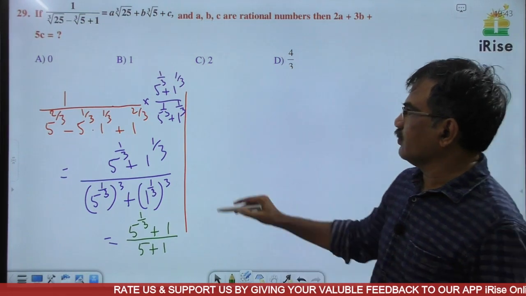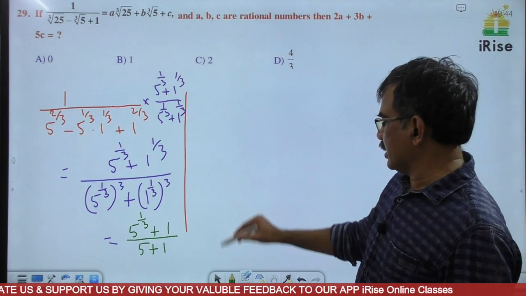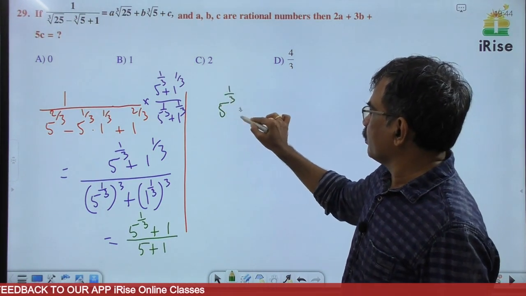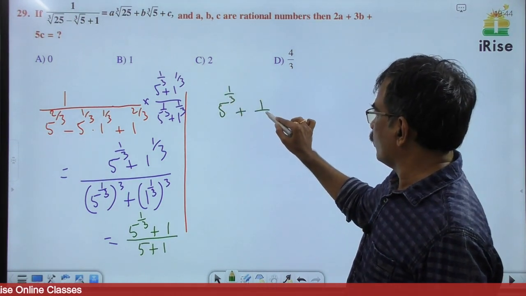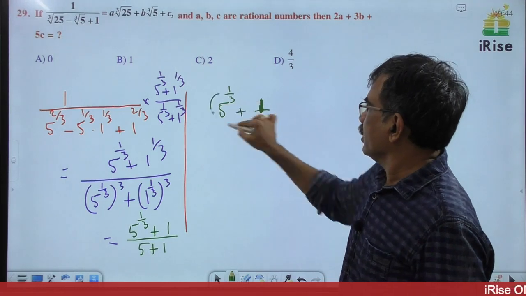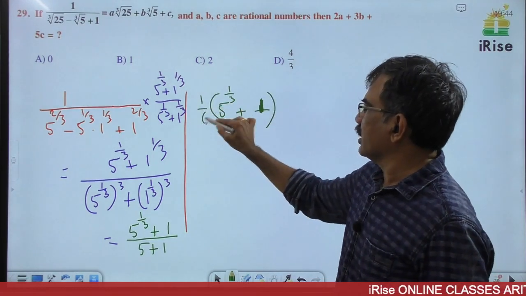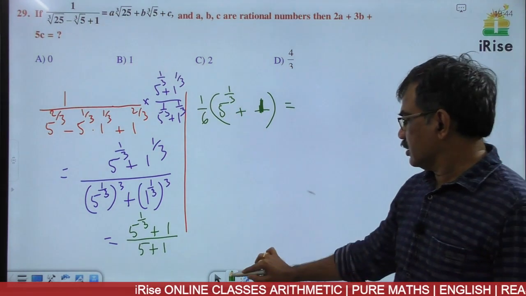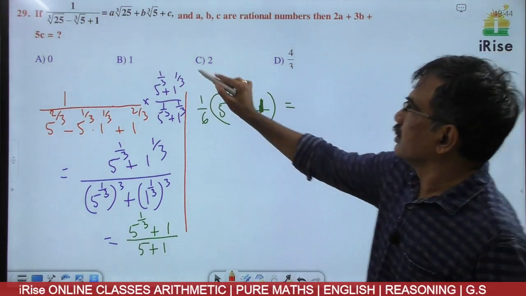So therefore the left hand side is 5 power 1 by 3 plus 1, divided by 6. I want to write it as 1 by 6 times that. But I want to compare this with, see carefully, the right hand side.